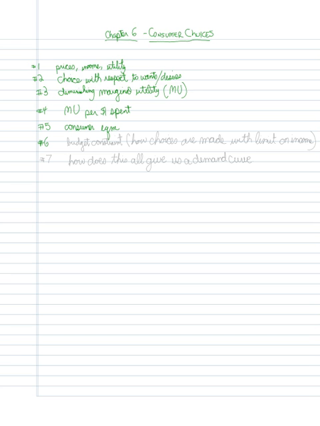Then in number 6, we are going to look at the budget constraint, and we're going to look at essentially how choices are made when we have a limit on our income.